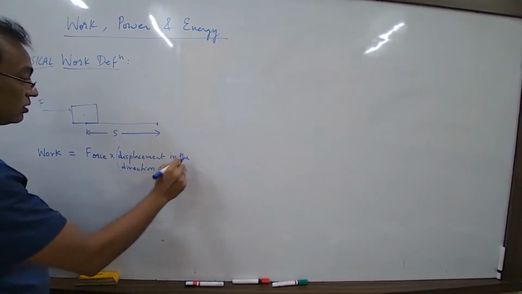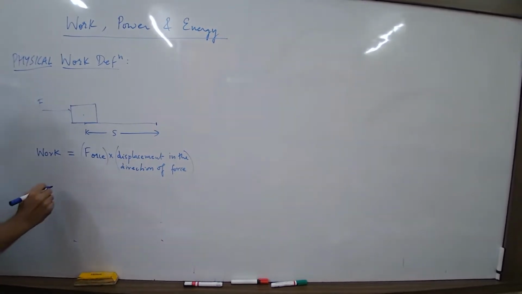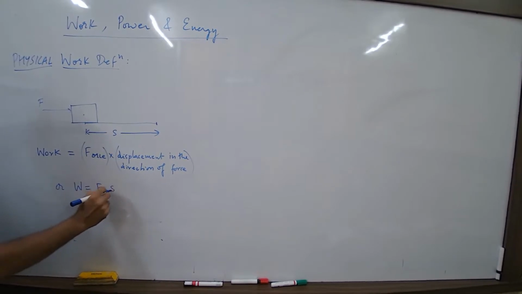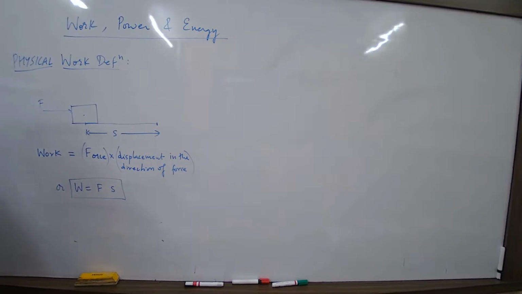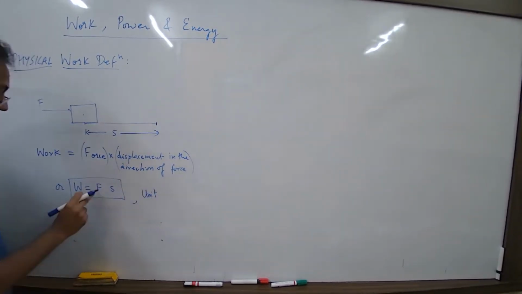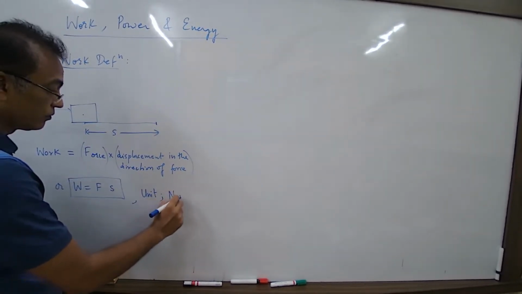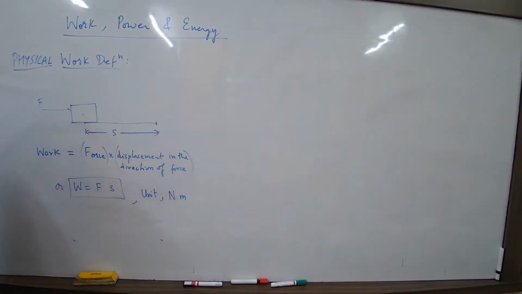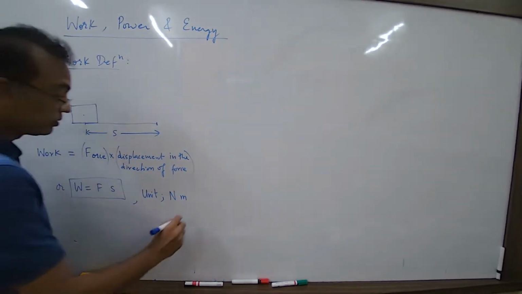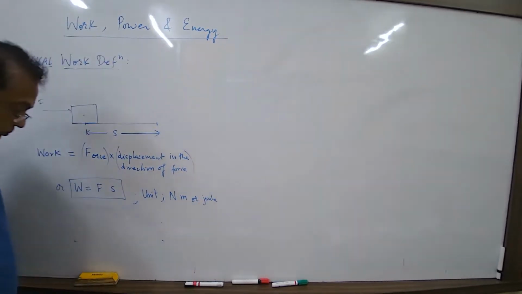So this is our definition of work done in physics, right? So in short, we write W equals F S. So what is the unit then? Unit is Newton meter, which is also called Joule.